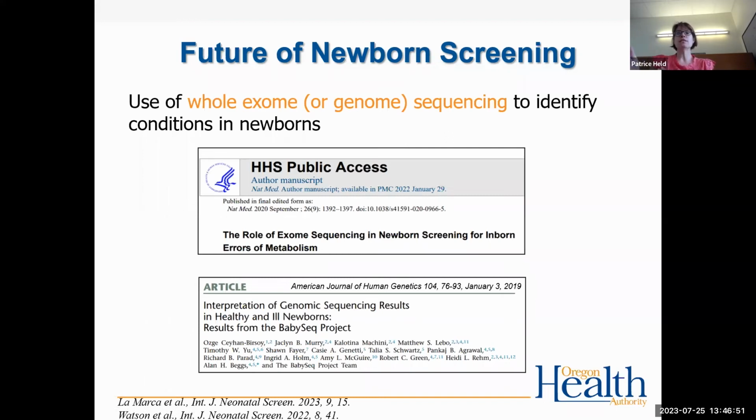In other countries, specifically in England, there are pilot projects that are actively screening newborns and looking at the utility of whole exome or whole genome sequencing.